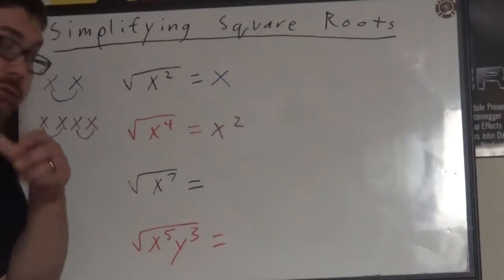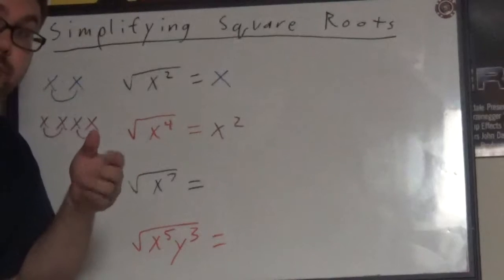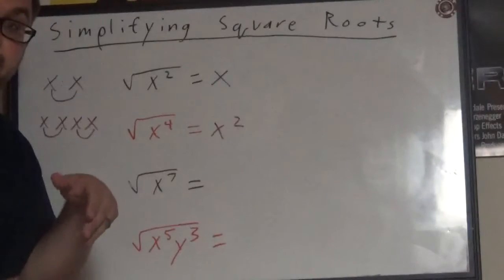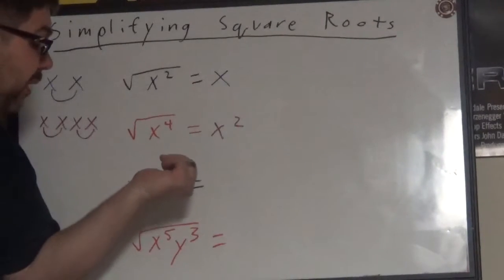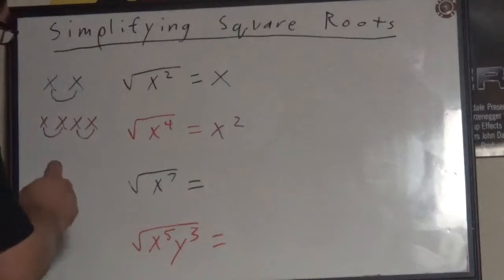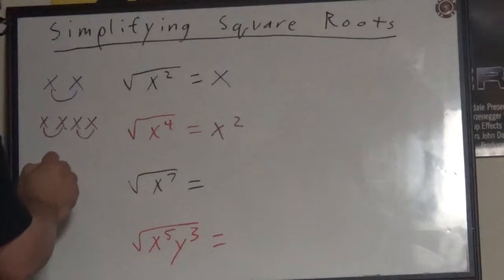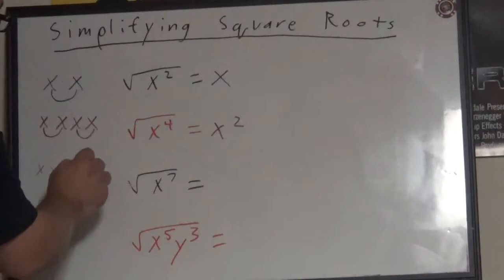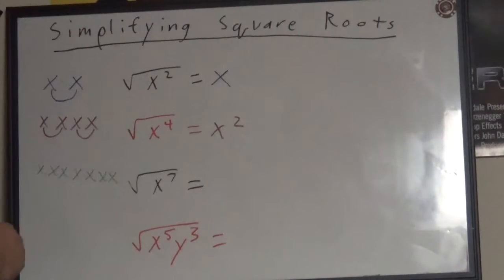Okay, those two are simple because we don't have any left over. The exponents are even numbers. What about when we have an odd number like 7? Well, we're still going to have x, x, x, x, x, x, x, 7 x's.